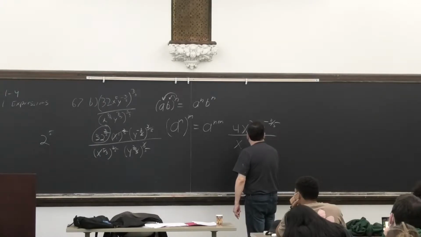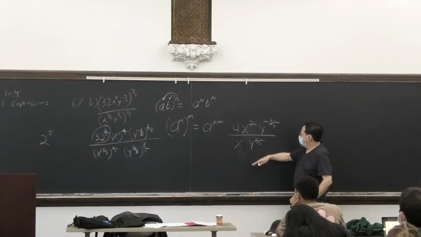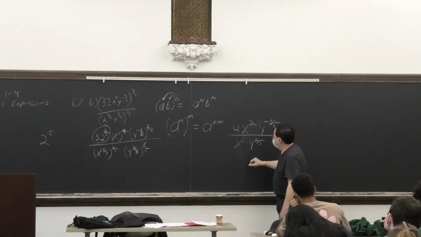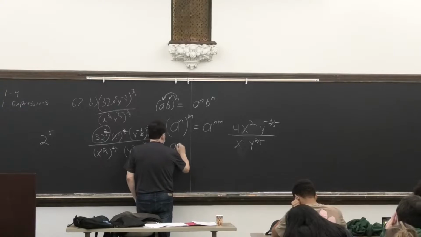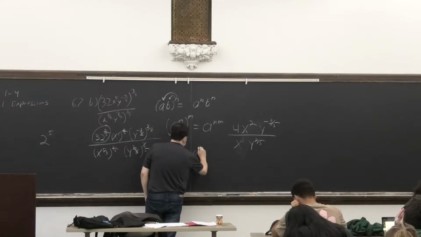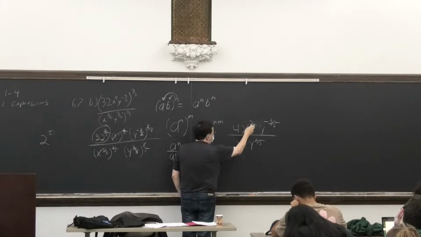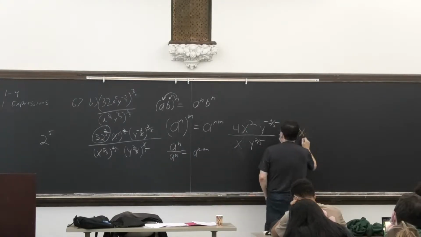Now, I don't know if the book specified, you know, no division or what. I mean, you can see here, let me do a little more formally. A to the n over a to the m is a to the n minus m, which we have here, x squared and x to the 1, so 2 minus 1 is x. This becomes 4x.